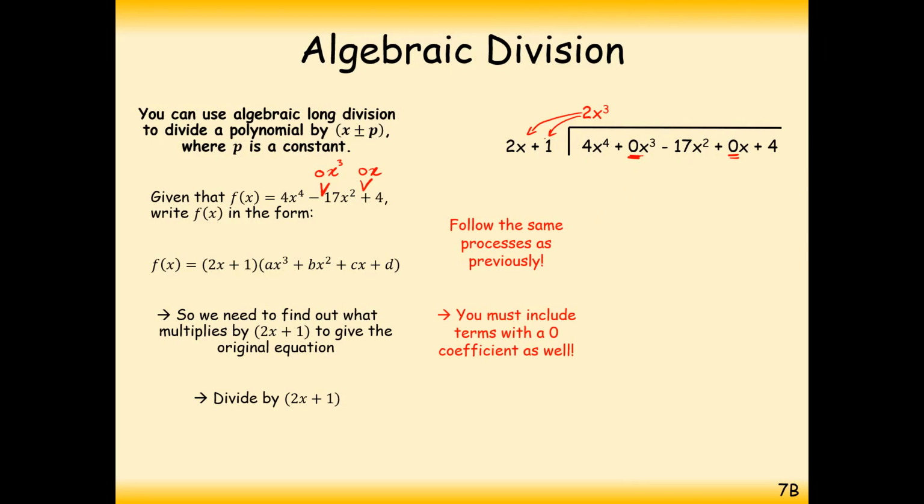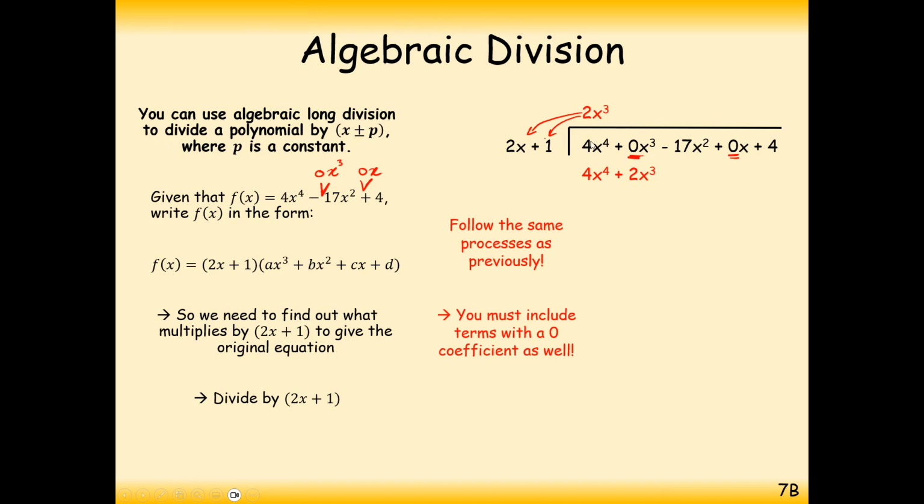So make sure you do put a gap there, okay? So rather, a placeholder like 0x cubed. If you have powers of x missing, please do that. Otherwise, you're going to have problems writing nice and neat. And if it's not nice and neat, things get messy and ugly, and you will make errors.